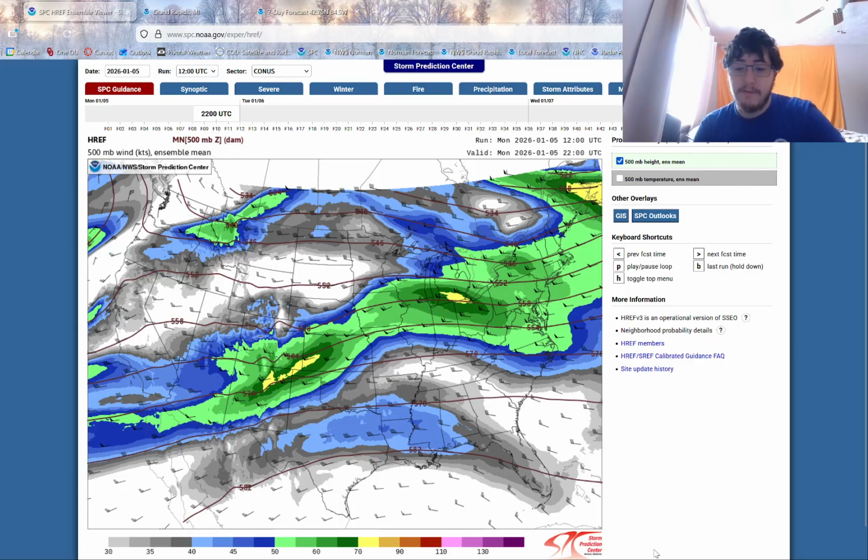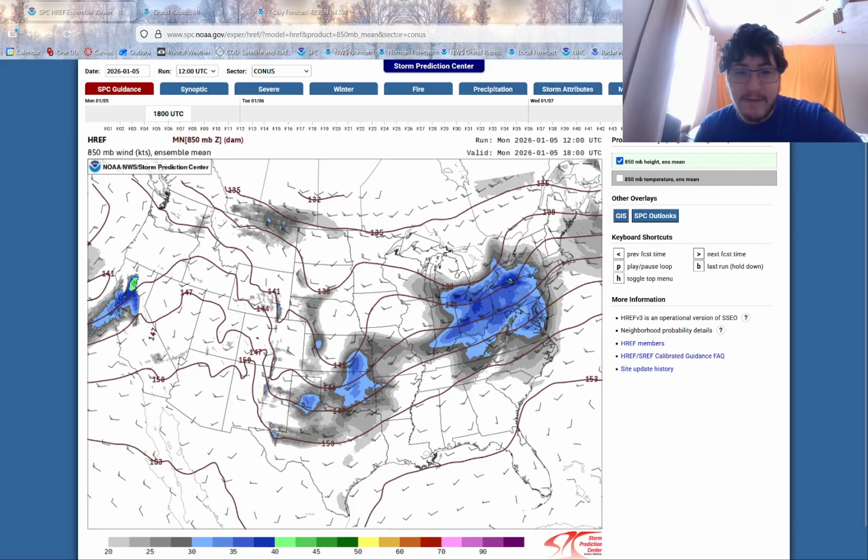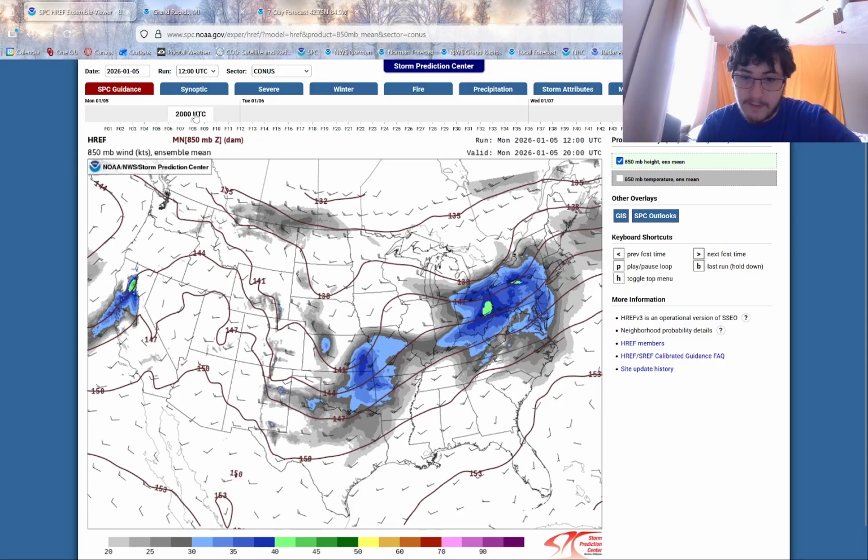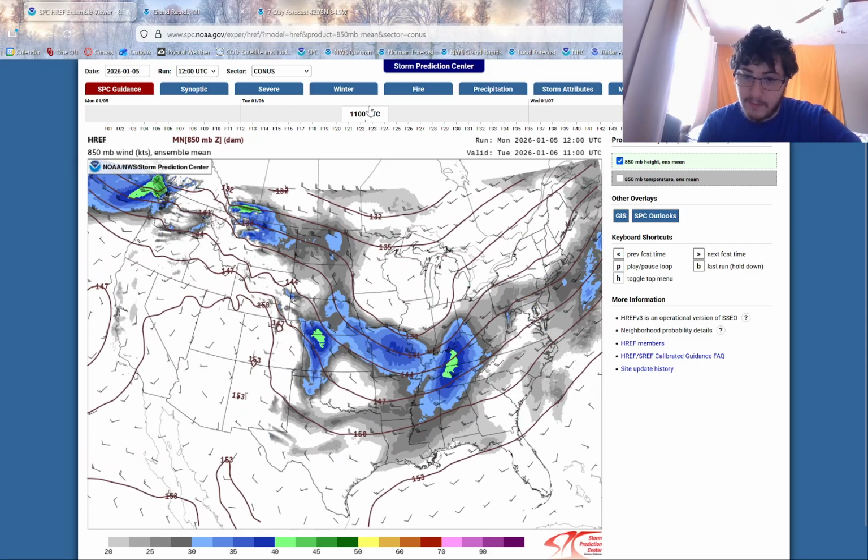500 millibar pattern. Jumping down to the 850 millibar level, which is closer to the surface, we can see this first system a lot more clearly. There's definitely a defined trough feature kind of all the way down from the north to the south in the middle part of the country, and it certainly makes its way over to us.